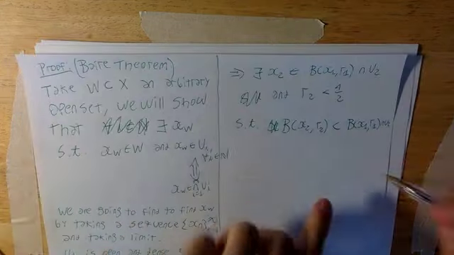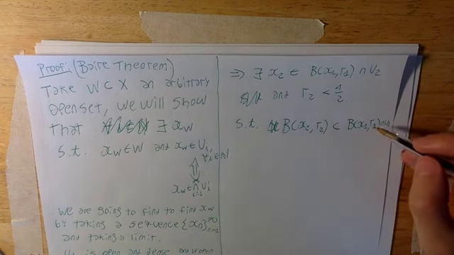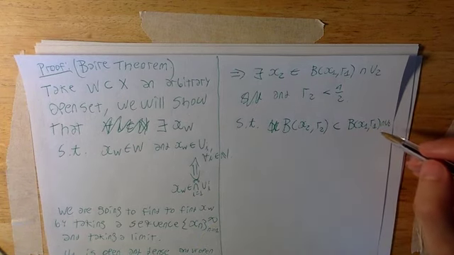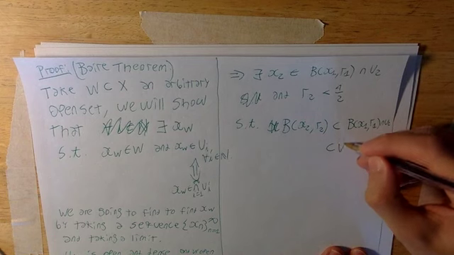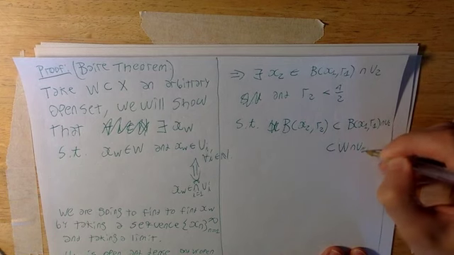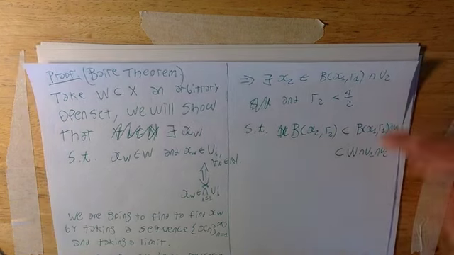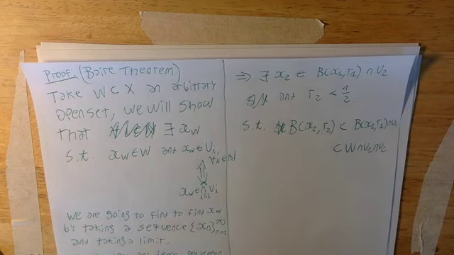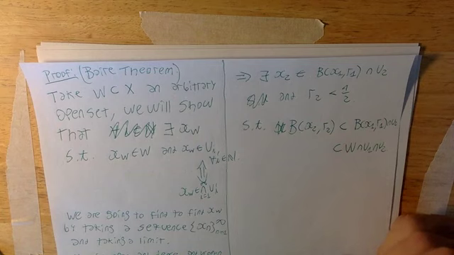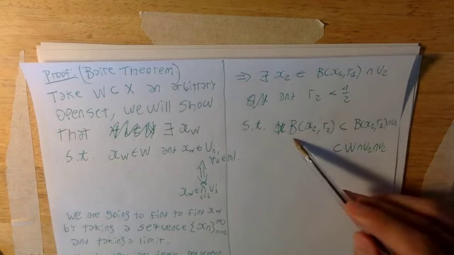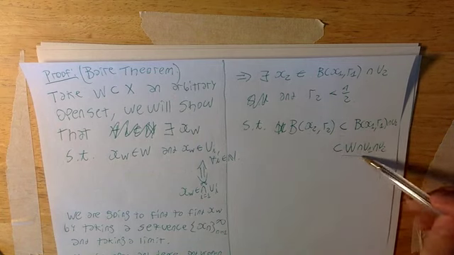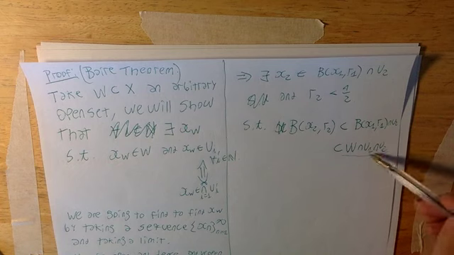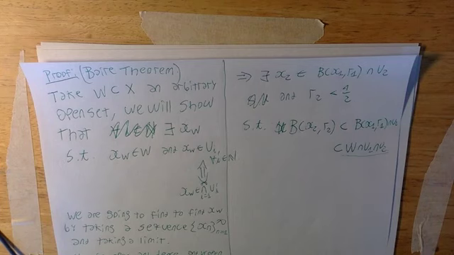And so now B of x1 R1 is contained in W intersection U1 intersection U2. Okay, so the point is that we are constructing this progressive sequence x1, x2, x3, x4, xn in such a way that these balls are always contained in the intersection of all of this. Okay, so now the point is to do this inductively.